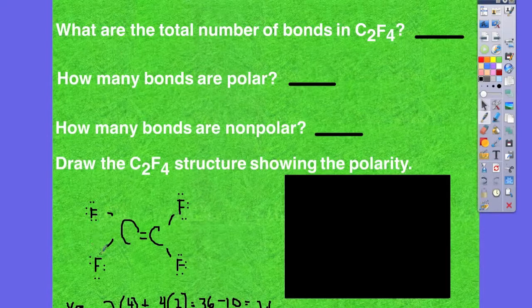Okay, so what is the total number of bonds or bond groups here? We have 1, 2, 3, 4. This we count as a group. We have 5. How many of them are polar? Fluorine is the most electronegative of them all, so 4. Carbon is 2.5, so this is going to be a polar bond, and we have 1, 2, 3, 4 of these.